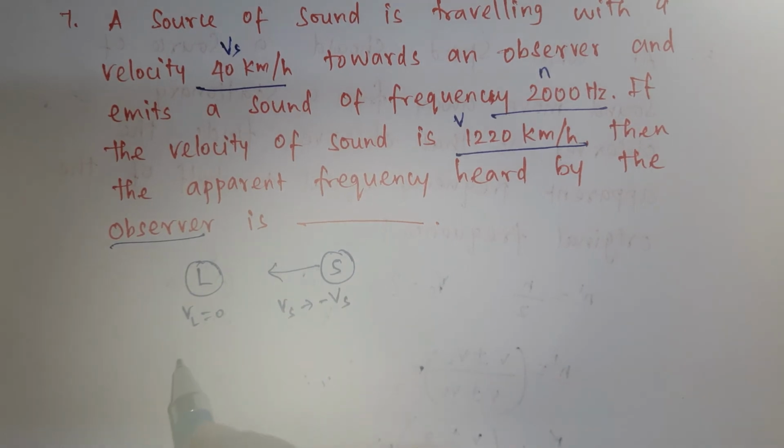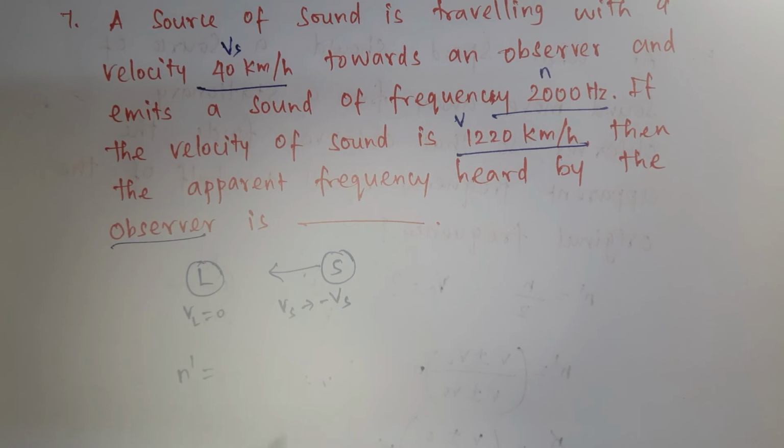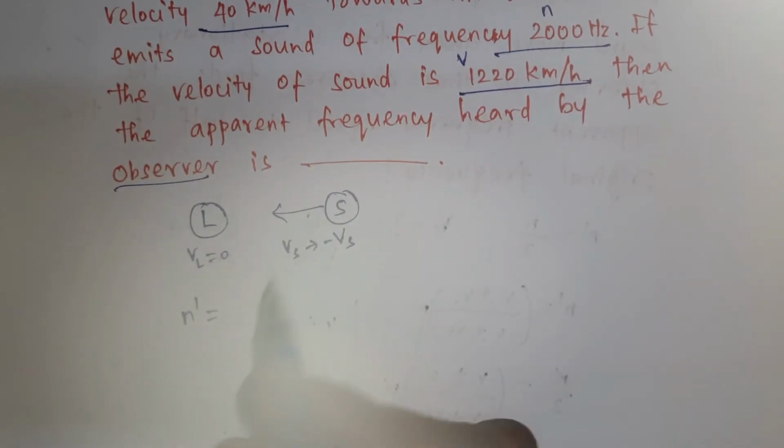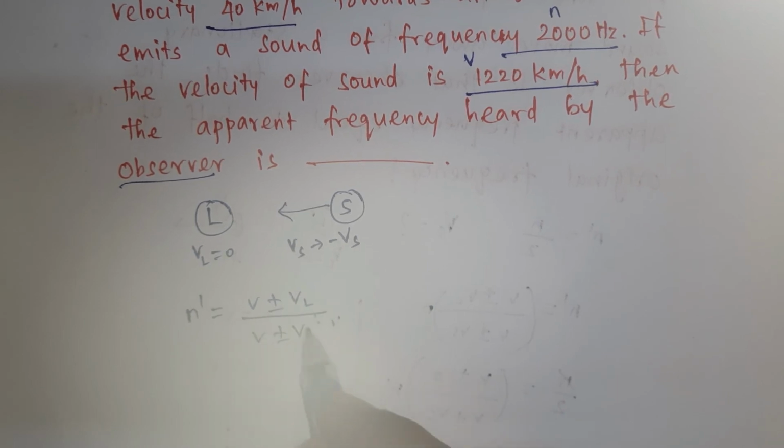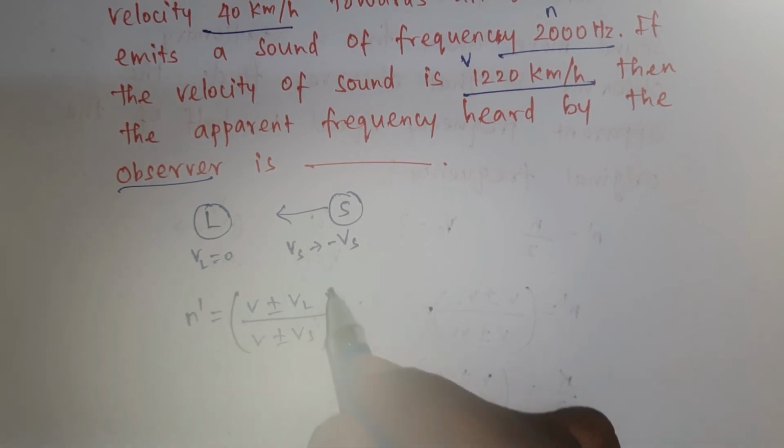Now the general formula for apparent frequency in the Doppler effect, n dash is equal to (V plus or minus VL) divided by (V plus or minus Vs) into n.